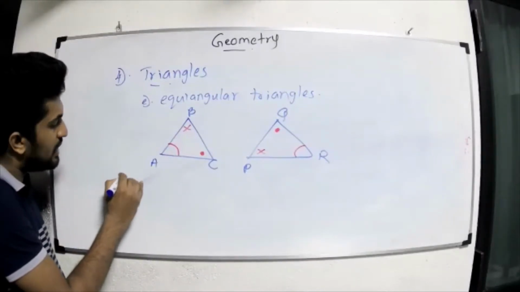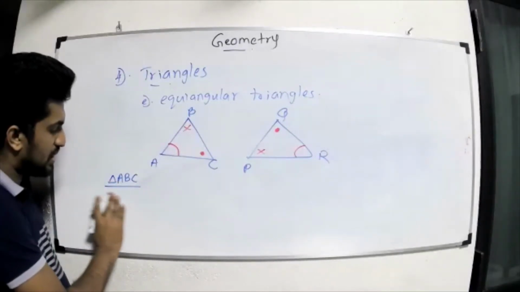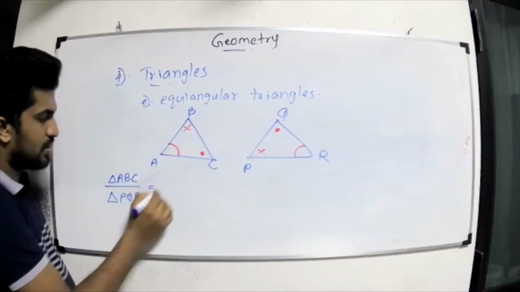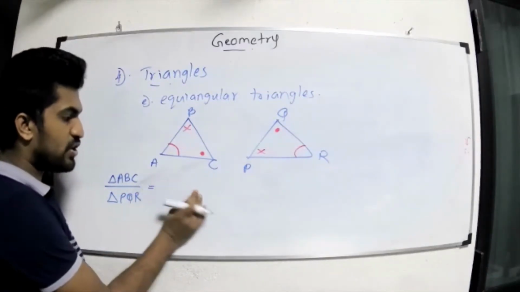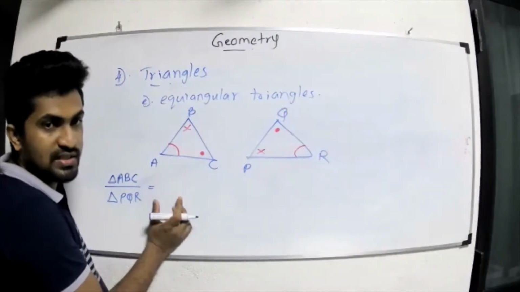If I consider triangle ABC as the numerator, triangle PQR as the denominator, the ratio of their corresponding sides are the same.